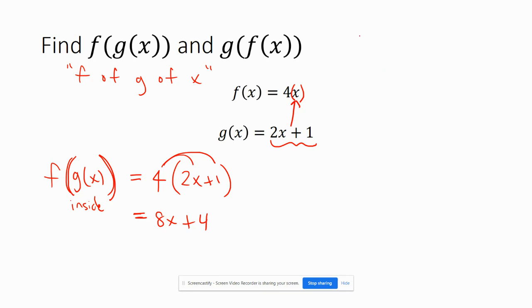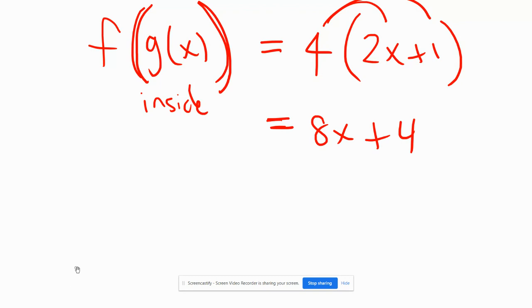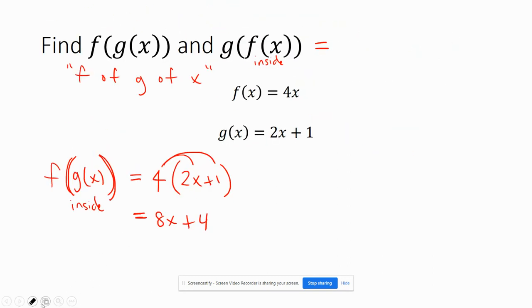But if we want to do the other way around, g of f of x, notice f of x is now inside of g. So we want f of x to go inside of g of x this time.